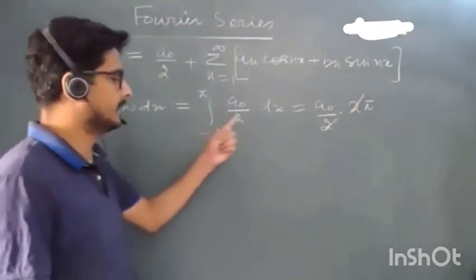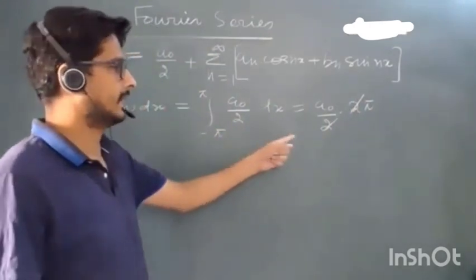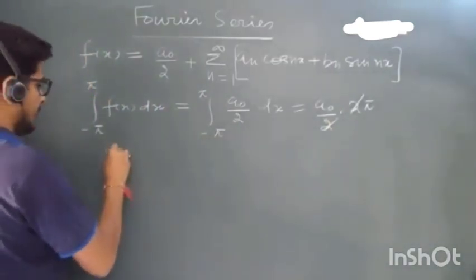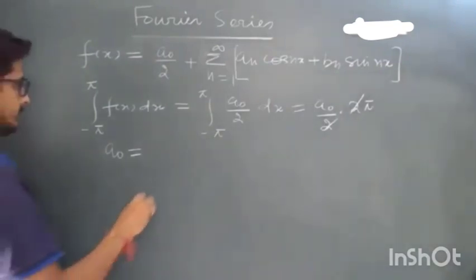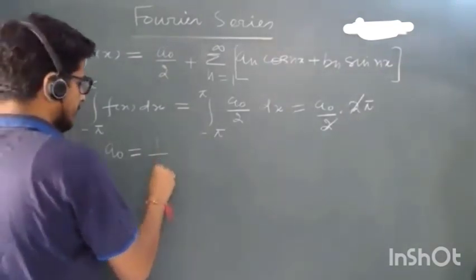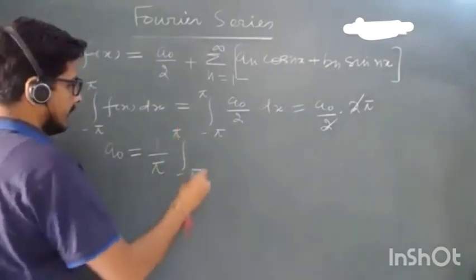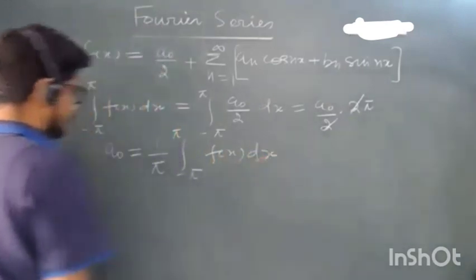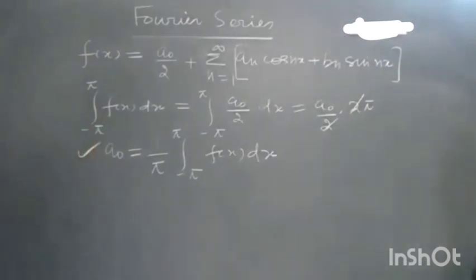So that's why I took by 2 here for this symmetry, so that this 2 cancels. So the value of a naught that will come is 1 by pi integral minus pi to pi f(x) dx. So this is the value of a naught. We got the value of a naught.